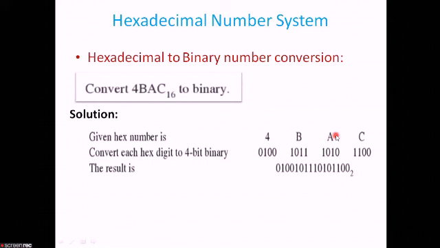And what is the meaning of A? A is 10, that is 1010, and C is 12, which means 1100. The result is just the combination of all these: 0100, 1011, 1010, 1100 to the base 2. So it's also clear to all of you, I think.